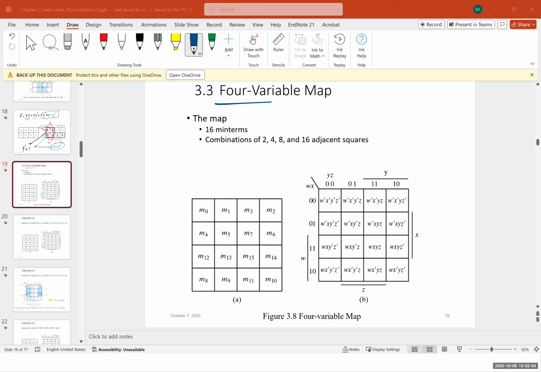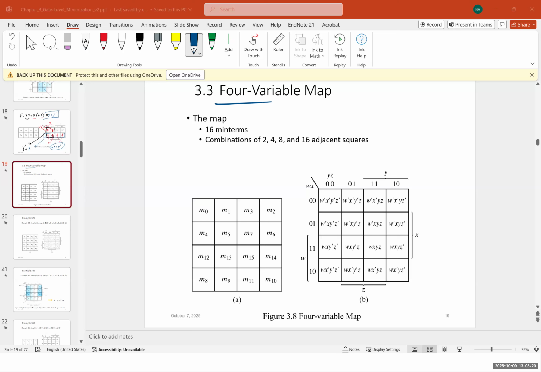In the previous class, we learned about 3 variable K-maps and 2 variable K-maps and how we can use the K-map, or Karnaugh map, to simplify a Boolean function. Today we will continue with the 4 variable K-map and 5 variable K-map.